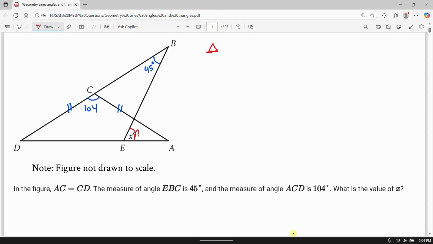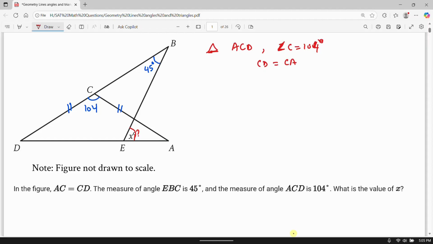Let's start with the triangle ACD. We know the angle C is 104 degrees, and also CD is congruent to CA.